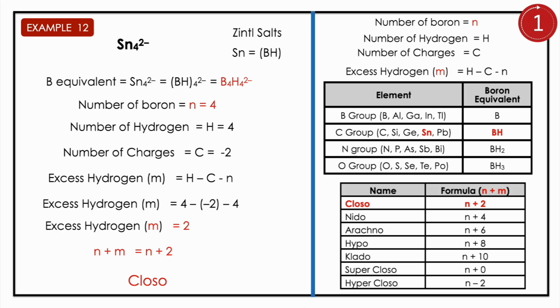So excess of hydrogen will be M equals 2. M equals 2 means it is N plus 2 system. If you look at the table, it is Closo structure. So according to the Wade's rule, the Zintl salt Sn4 2 minus has Closo structure.